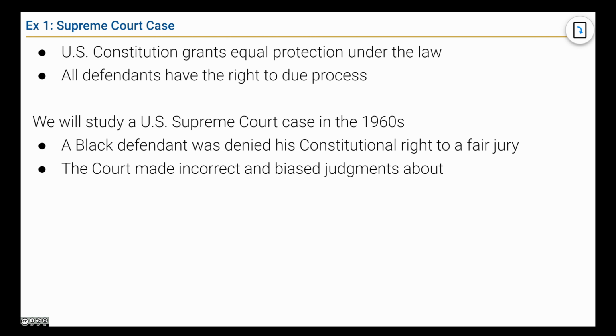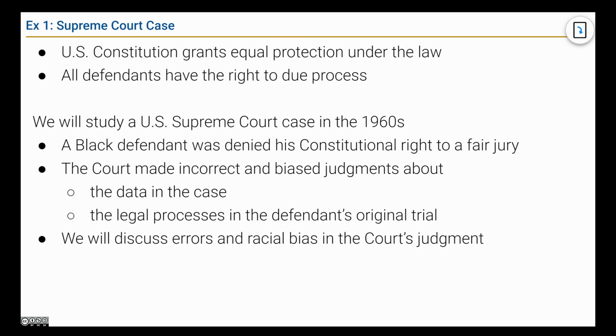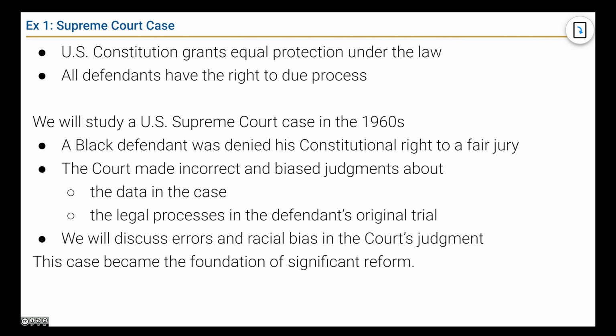The court ended up making incorrect and biased judgments about the data in the case, as well as the legal processes in the original trial. We will discuss the errors and the bias in the court's judgment, and I will point out that fortunately this case became the foundation of significant reform, and eventually it was overturned, not until the late 80s, but I'll leave you with that happy thought before we dive into some of the incorrect original assessments.